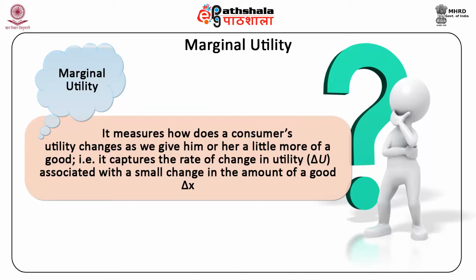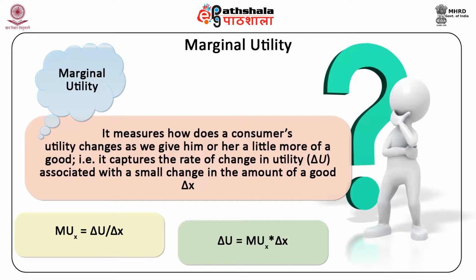That is, it captures the rate of change in utility, denoted as delta U, associated with a small change in the amount of good, denoted as delta X. Hence, marginal utility can also be written as the following ratio, which is MUx = delta U / delta X. It implies that to calculate the change in utility associated with a small change in consumption of good X, we can just multiply the change in consumption of X by the marginal utility of X, and get delta U = MUx times delta X.